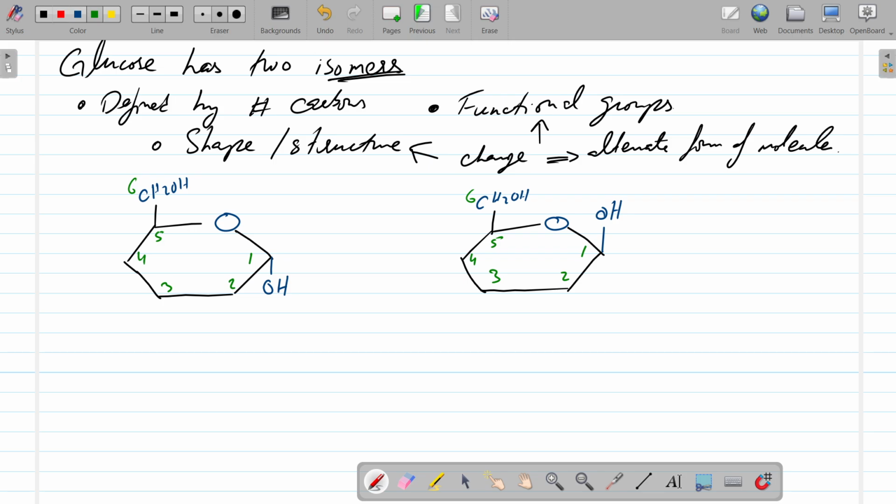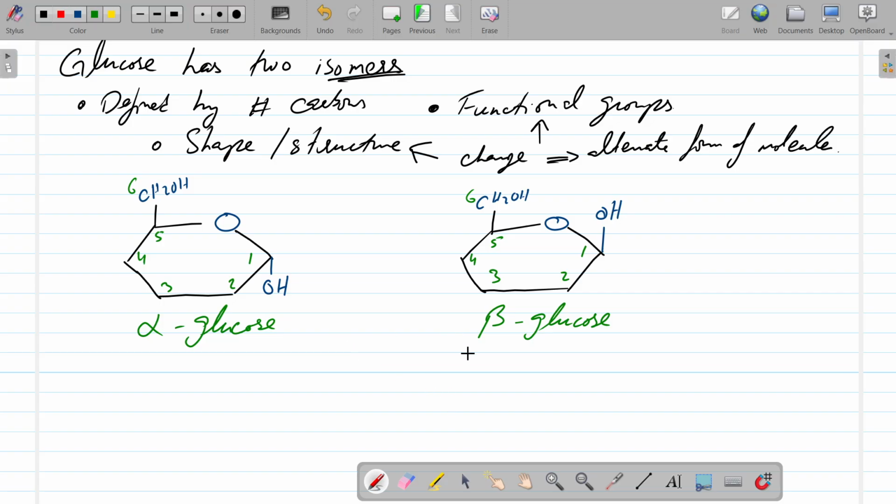The one where the OH group is below is called alpha glucose. And the one where it's above is called beta glucose.